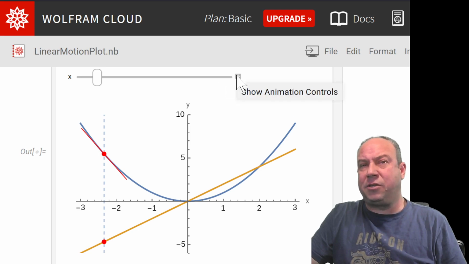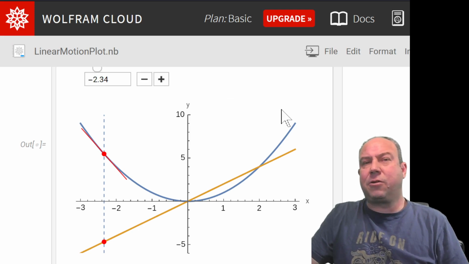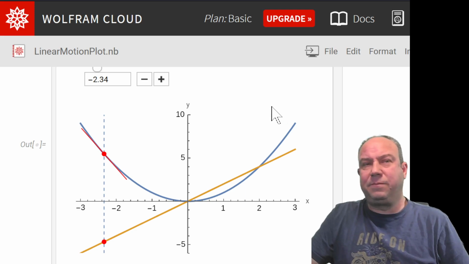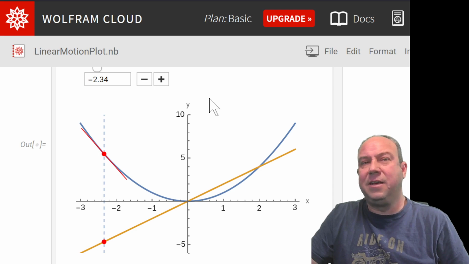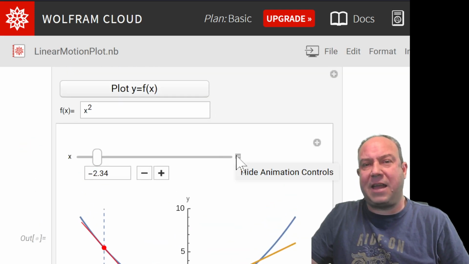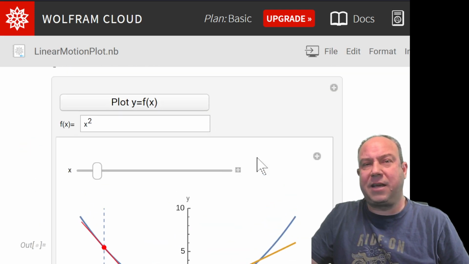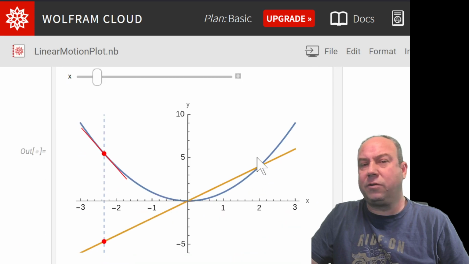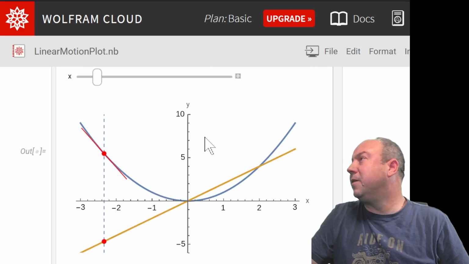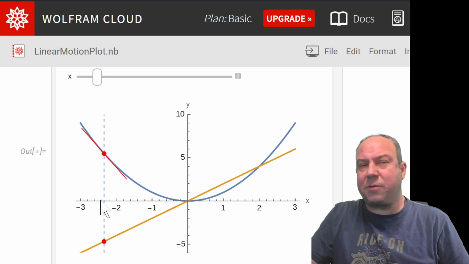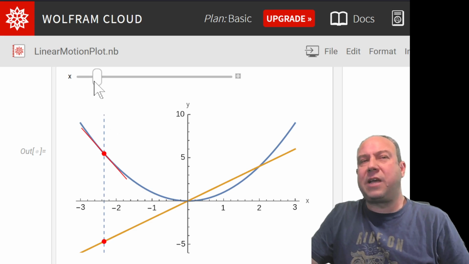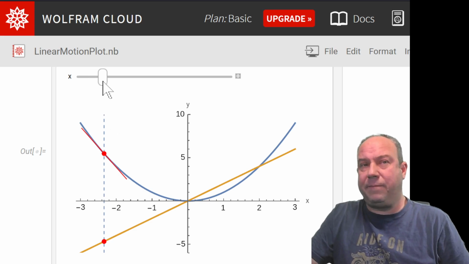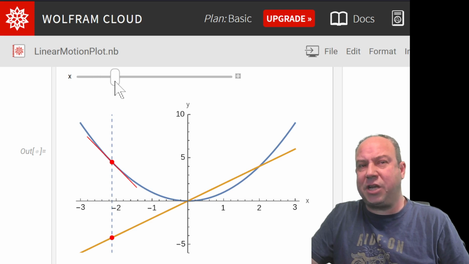Maybe we don't need to have that turned on at the moment, since it takes up a little vertical space. We're at that particular value of x right there, I think about negative 2.34. As I scroll forward, you will see that value of x change.